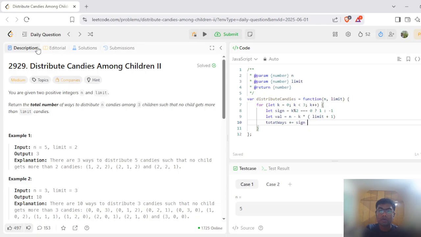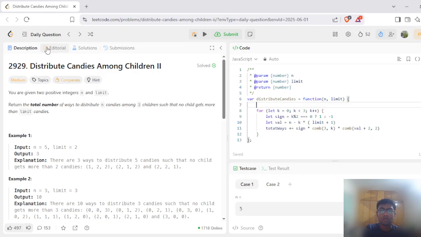So our formula was the sign, the combination of 3 k. Maybe we will need to add in this helper method, which is the combinatory, which helps us return the combinatory value. This would be a helper method where we pass in two values a and b, and we get all possible combinations from this input here.